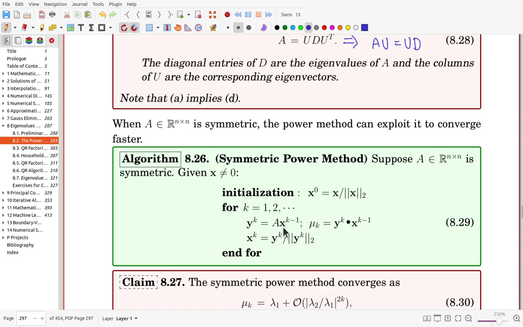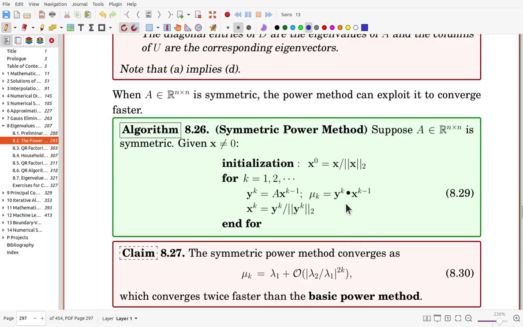Now, almost the same as the original power method. Here, multiply first by A, and now save here, and we measure the magnitude in the L2 norm and scale to get new iterates. Now, mu k is updated in this way. Mu k is the dot product of this one with xk minus 1, the earlier iterate.